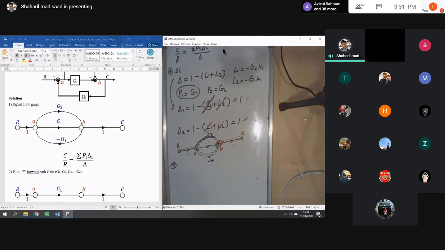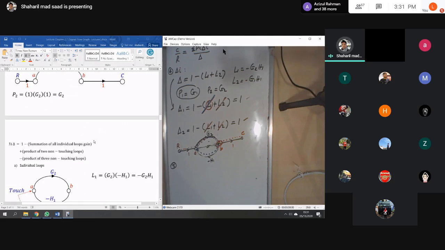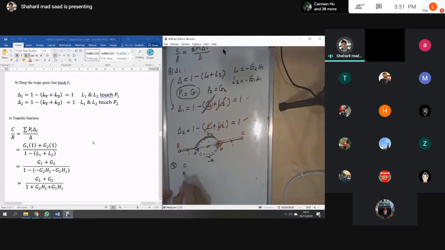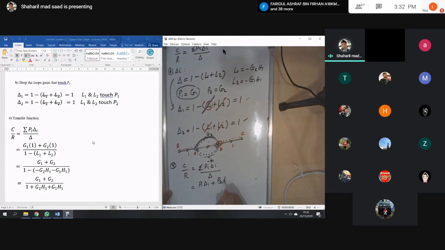So, number 5, you can apply the formula. C over R equals summation of Pi delta i over delta. So summation Pi, that means P1 multiplied with delta 1 plus P2 delta 2, divided with delta.